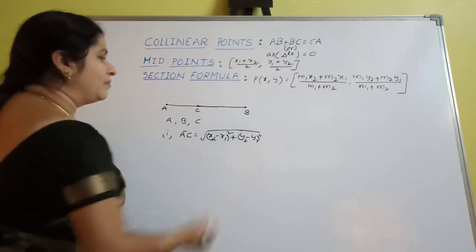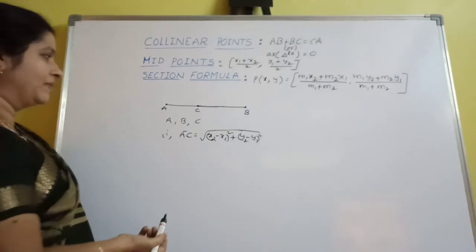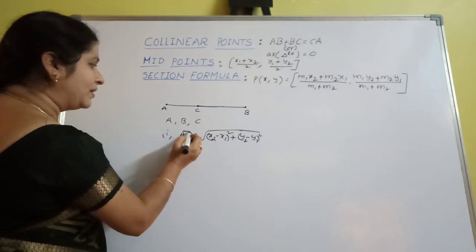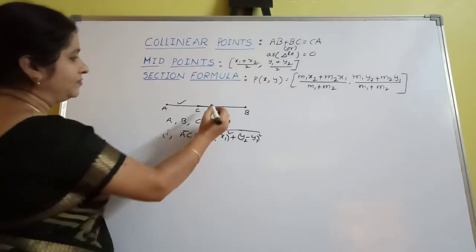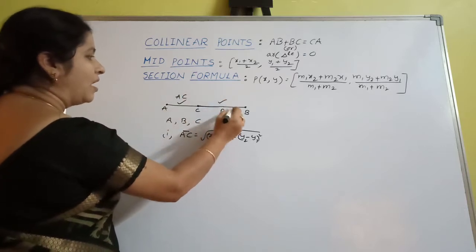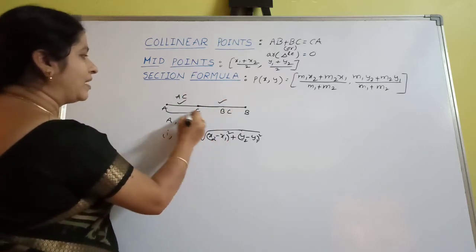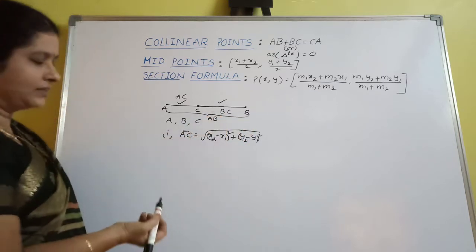By using this formula, we can easily find out the length of the line segment. So by using this formula, you can easily find out the AC value and BC value and total AB length value also.